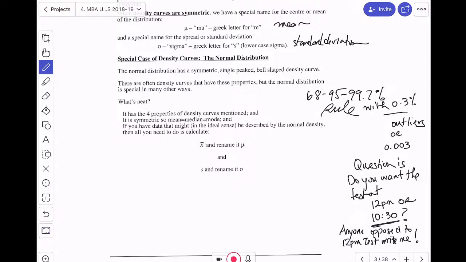Okay, so if you're opposed to a 12 p.m. test, write me an email or a text, or you can mention it here. But I think that's the best. We can have the 3-hour class just to do review and answer your questions. And I can give you the test, and the test is 1.5 hours, and it's going to be multiple choice, just like the quizzes in Moodle.